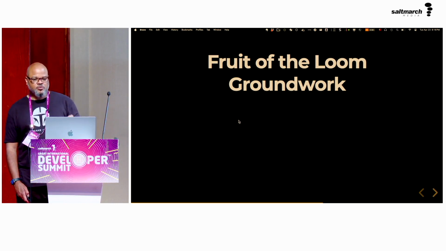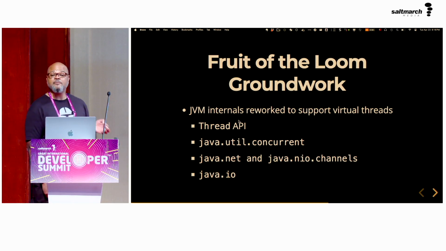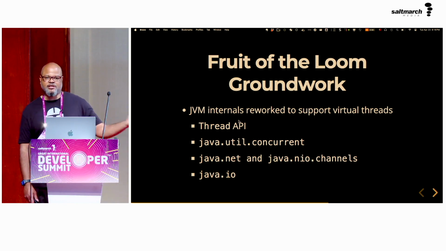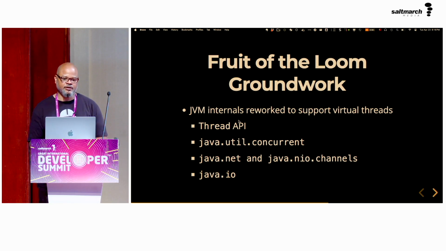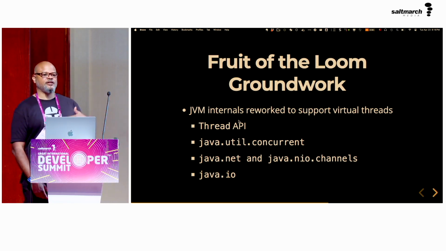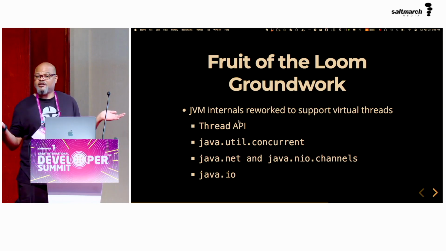So I just wanted to point out that a lot of things happen in order to make virtual threads possible. Remember, Java is like 25 years old or more. So a lot of these things weren't built with the idea of there would be this whole new virtual thread thing in mind. So over the years, they have been steadily refactoring things to support virtual threads. And we didn't even notice. Everything just continued to work, right?